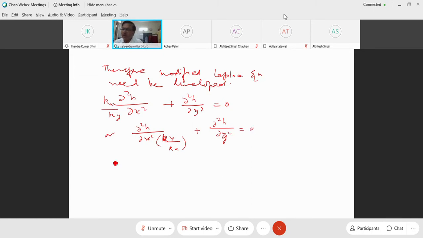Now substitute x1 is equal to x into root of Ky upon Kx. So del x1 square is equal to del x square Ky upon Kx.